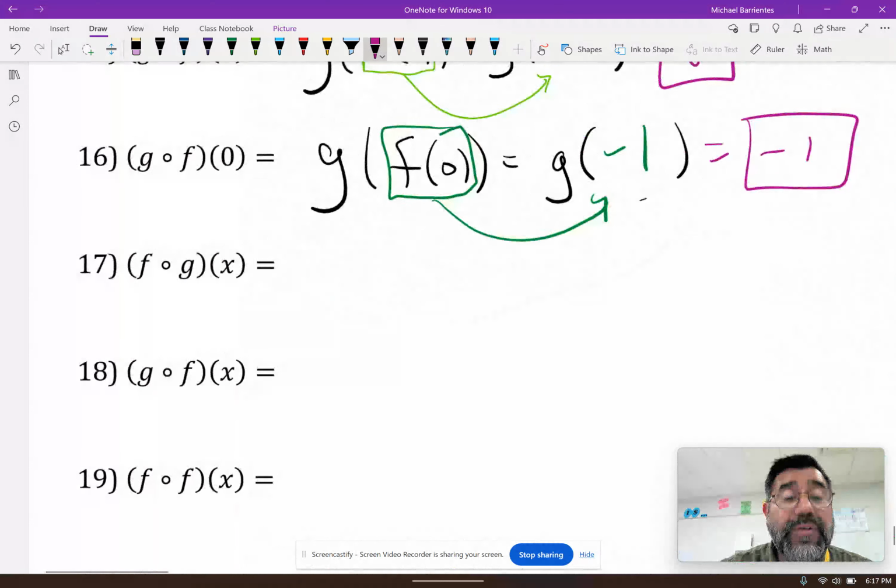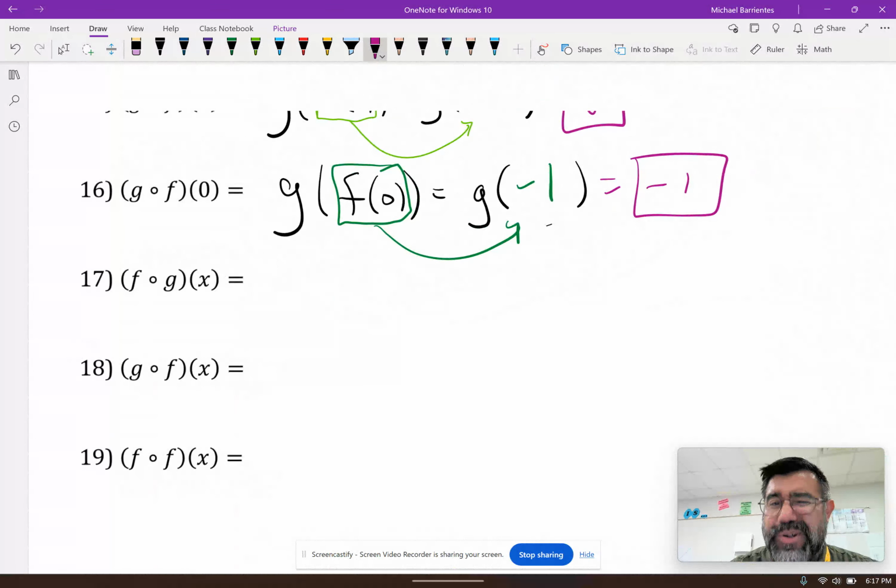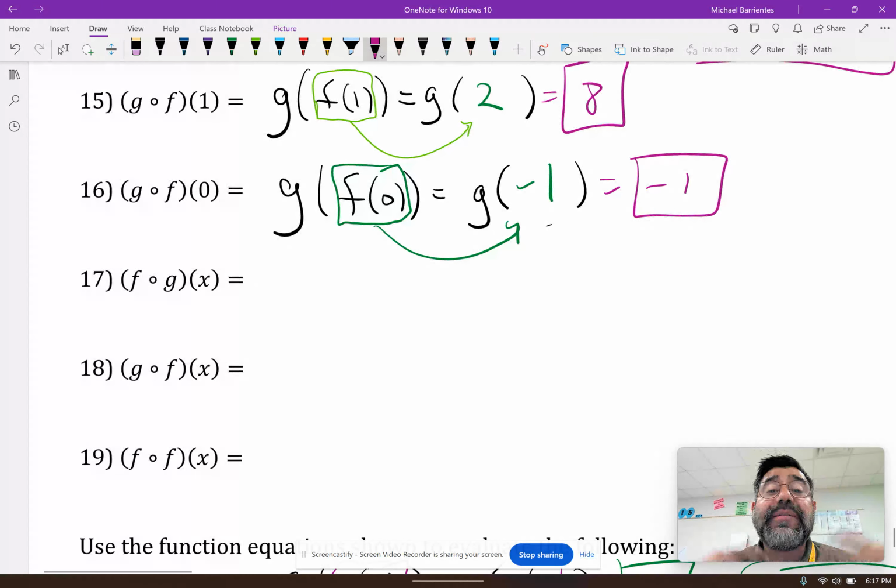And the way we do this, it's pretty straightforward. This was the new idea for this week, which is when we do function composition, we're really putting one function inside of the other. And so remember that this is the composition symbol that says f composed with g of x, or at x.